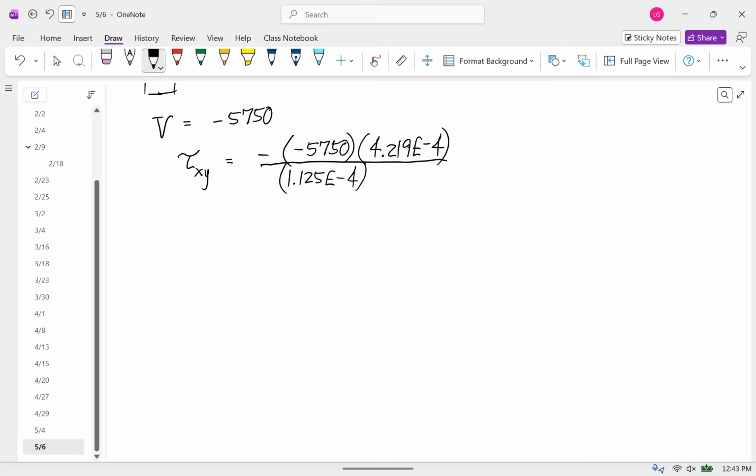Times the width of the cross section at the height that we're looking at. So since it's rectangular, that's the same at every height, 0.05. And I got 4.313 times 10 to the 5th.